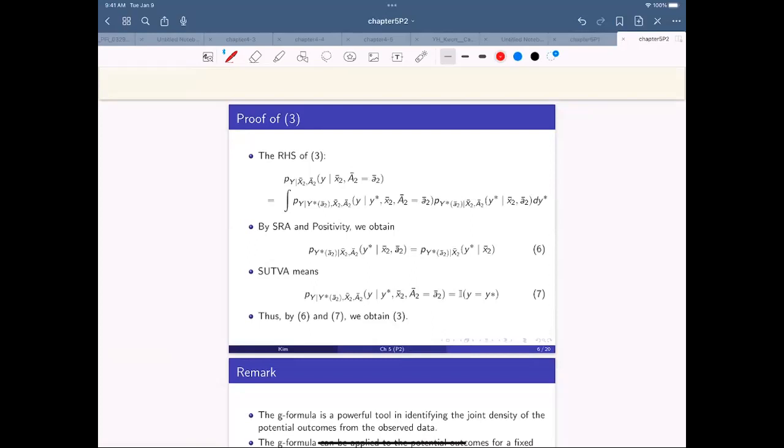The only thing different is the corresponding random variable, but everything else is essentially the same. So basically, we want to introduce the expression. Use this expression, right?